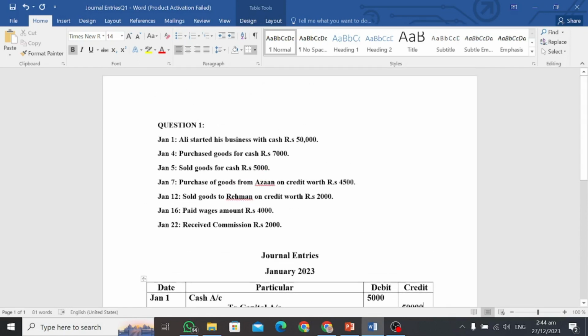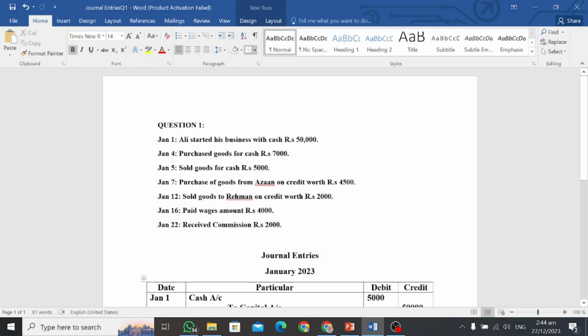Now we have January 4, purchase goods for cash rupees 7,000. Here we purchase goods, so we spend the money. So the value of cash is decreasing, which is an asset, so it will be credited. Now, the goods are increasing, which are also an asset.